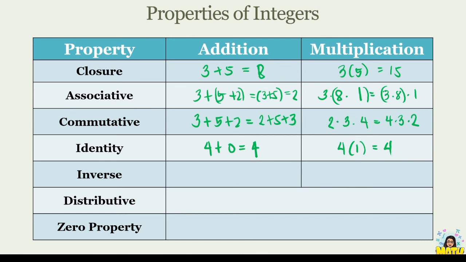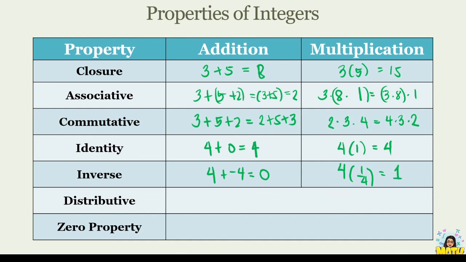Next is the inverse. When we say inverse, we add it to its opposite for addition. The opposite of 4 is negative 4, and it will have the identity element 0. While in multiplication, if we have a number multiplied to its reciprocal, that will be equal to the identity element, which is 1.